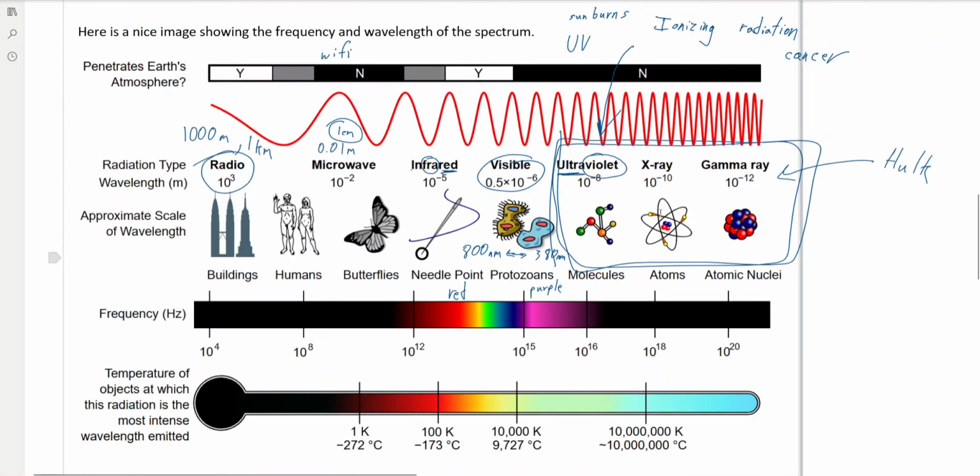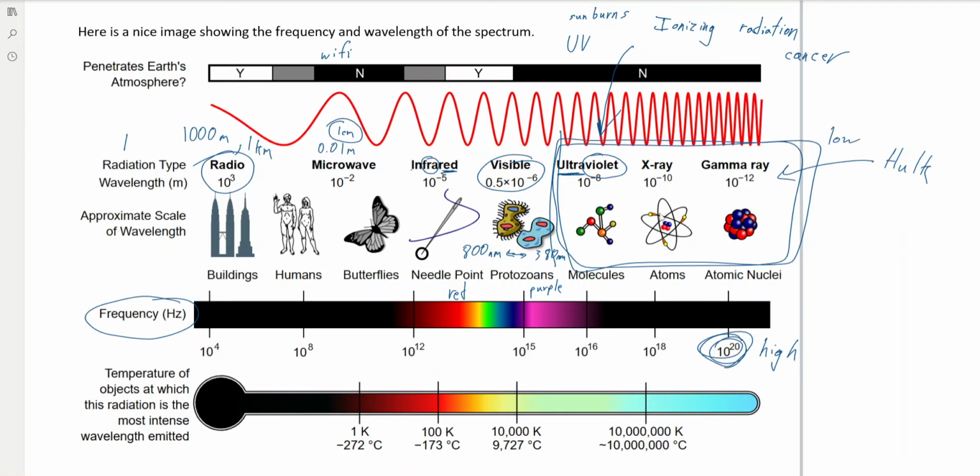Okay, so those are all the wavelengths, but what you'll notice down here is that the frequency is inversely proportional to the wavelength. So the frequency is really, really high on this side, so high frequency and low wavelength on that side.